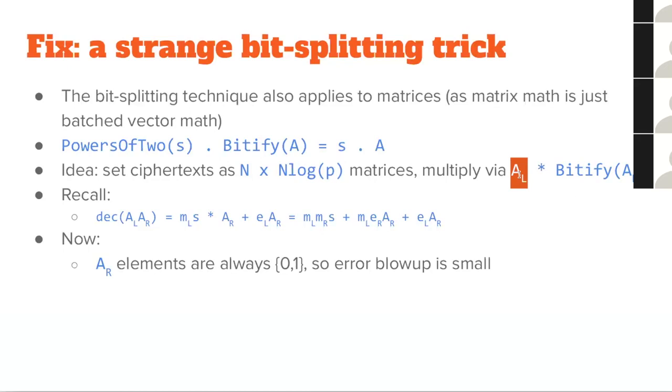property that if you apply it to things that are not bits, right? A bitified matrix multiplied by another bitified matrix is not necessarily going to contain bits, because matrix multiplication adds a whole bunch of bits together. Then you're still going to get a matrix, and because you have modular reduction, it's going to reduce modulo whatever your modulus is, and the modular reduction just magically makes the higher order terms go away.